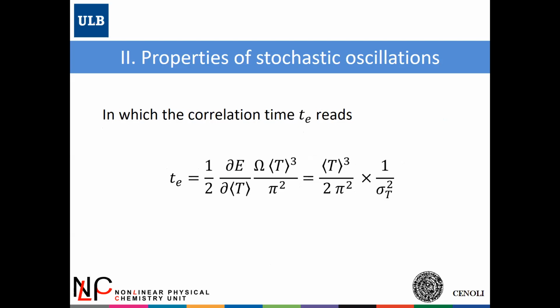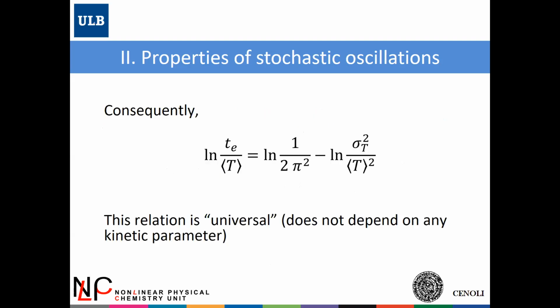Putting again the results of the Fokker-Planck equation, we can get an expression for TE. And you see that TE also depends on the derivative of the pseudo energy with respect to the period. This means that there is a close connection between the decay rate of the autocorrelation function and the variance of the first return times. And we can put this relation slightly differently in a logarithmic way.